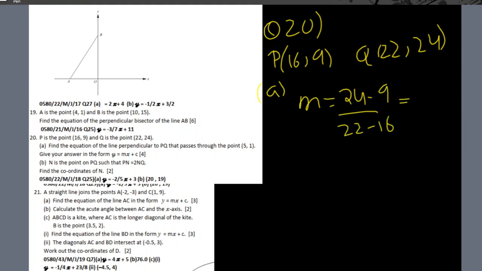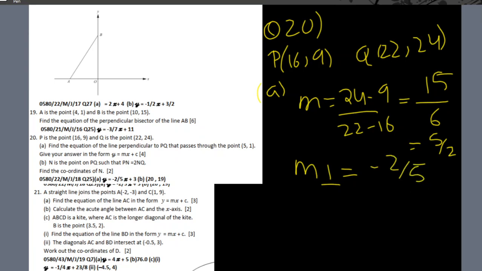This gives me 15 over 6, which becomes 5 over 2. So the perpendicular slope will be the negative reciprocal of this, so minus 2/5. So y equals minus 2/5 x plus c.